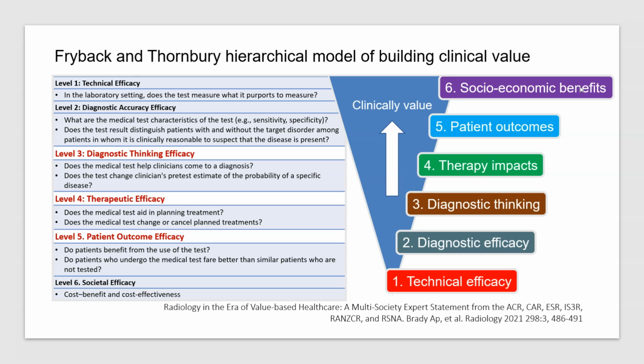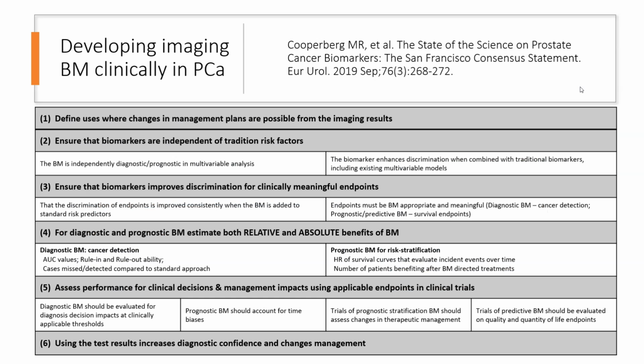So how do we build clinical value in real life? Essentially, there are 6 steps that we need to consider. I've just outlined them here, but we will go through them one by one. The first one is to define uses where management changes are possible from the imaging result.